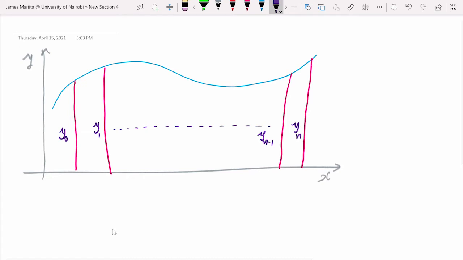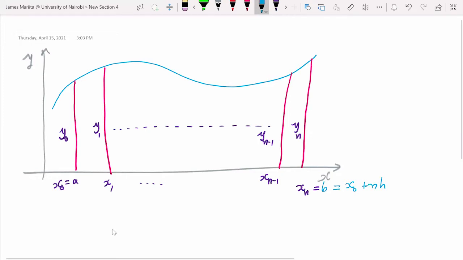Then we have yn. Of course, here x0 is equal to a. Then we have x1 all the way to xn minus 1 up to xn. And xn is equal to b, which is equal to x0 plus nh.